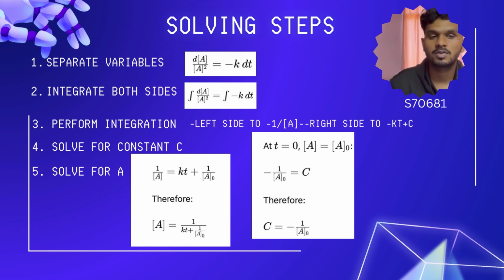And then we substitute C into the general equation, which gives us 1 over A equals kt plus 1 over A0. Therefore, rearranging the equation gives us the equation for A, which is A equals 1 over (kt plus 1 over A0).